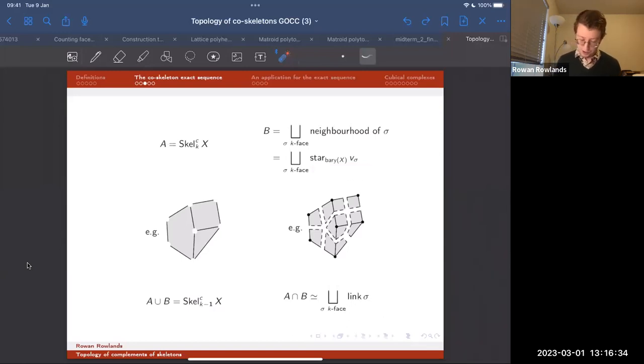If we take the disjoint union of that over all k-dimensional faces, we will end up with a picture that looks something like this. This is the case where k equals 0, so we're taking stars of the vertices of the complex this time. As you can see in this picture, we end up with a bunch of open neighborhoods of all of the vertices. That was a bit of a hand-wavy explanation, but that is the construction we'll be working with.